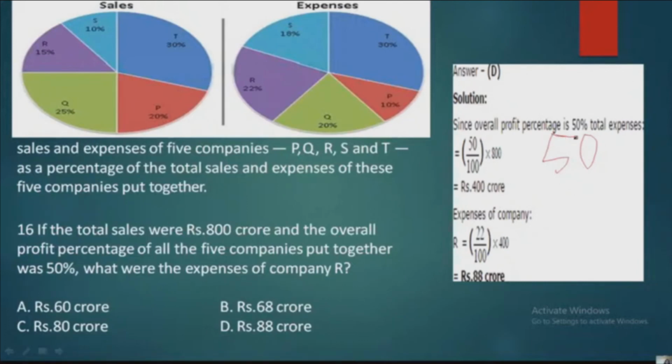If I am having an expenditure of 50 rupees, I am investing 50 rupees in something, but in return I am getting 100 rupees. So when I'm calculating the profit, should I include this 50 rupees? No, right? Because this is expenditure. This is already gone from my side. Why would I take this 50 rupees? So the remaining 50 rupees is my profit. That is the basic idea behind this one.